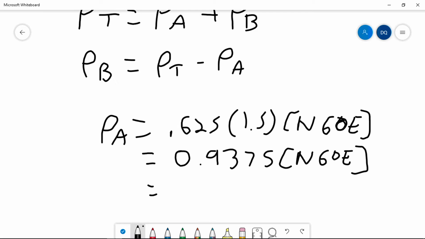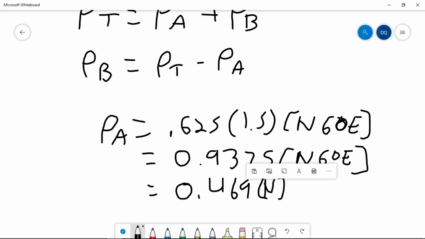So I've got 0.9375 times 60 degrees cosine, and that gives me 0.469 kilogram meters per second north.